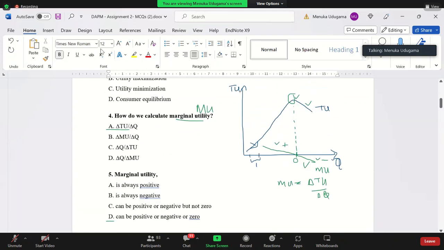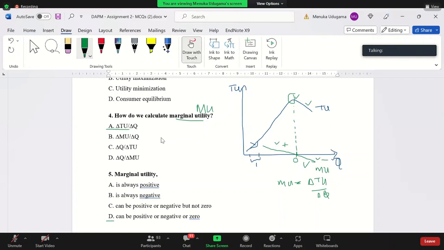The total utility over the change in Q. Marginal product would be change in total product over change in input. If input is X, then marginal cost, if you can remember, is change in the total cost over change in output, isn't it?